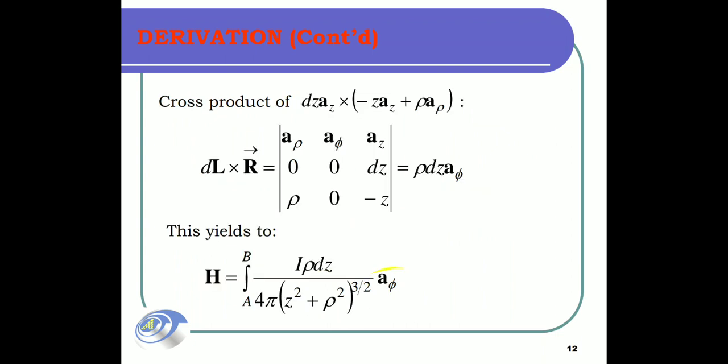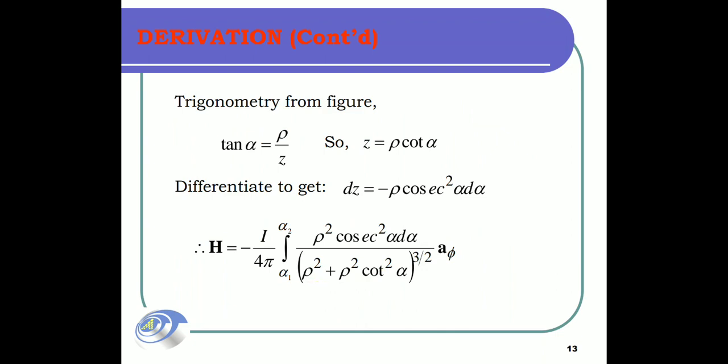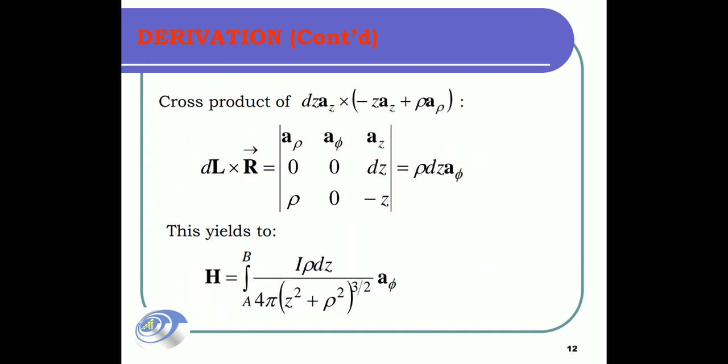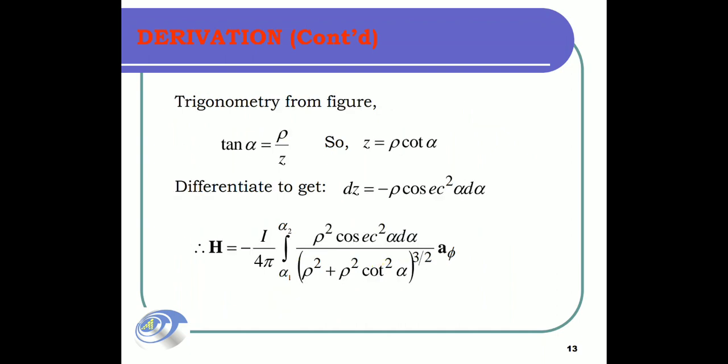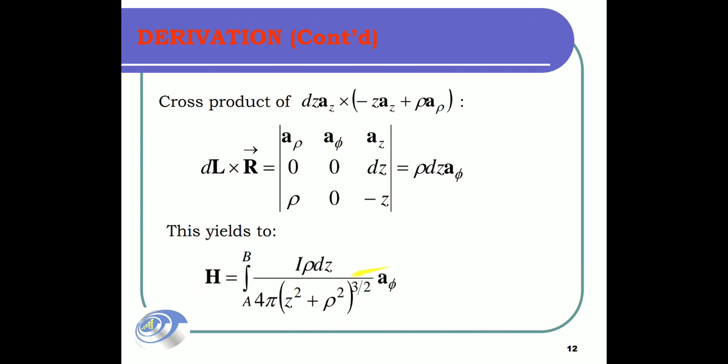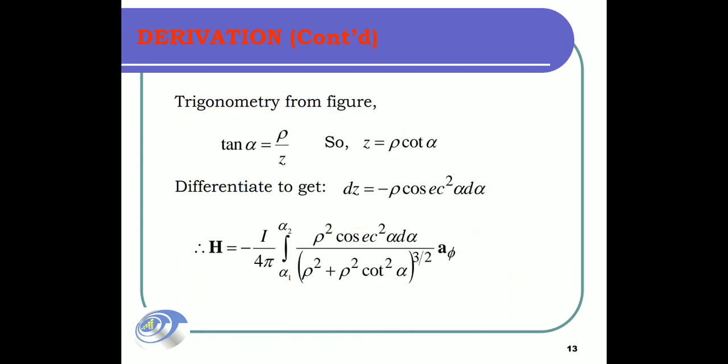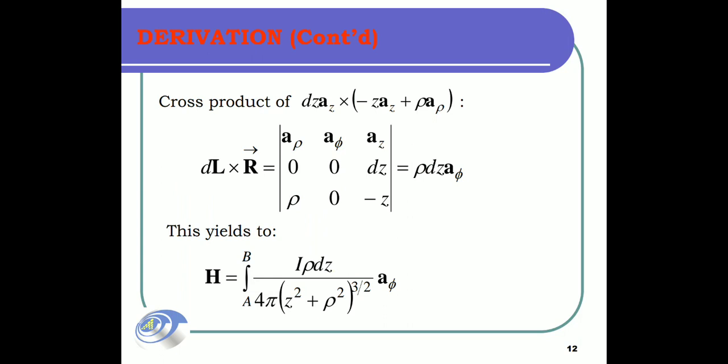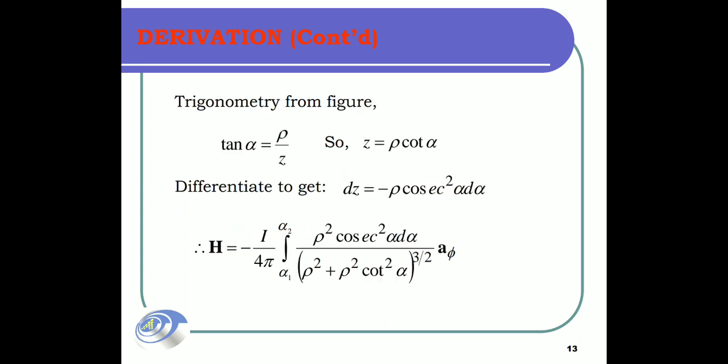So substituting all this in your previous expression, I have I by 4 pi, which I have taken commonly outside, and I have the value of rho. Again I'll be substituting this value of dz, which is rho cosec squared alpha d alpha, divided by the value of z squared plus rho squared. Z squared again is rho squared cot squared alpha plus rho squared.